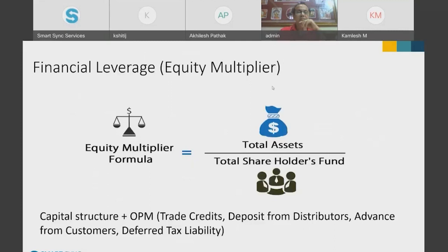Now, what is financial leverage? Financial leverage is probably one of the trickiest levers to understand. Most businessmen by default understand the other two levers, but this is something which both investors and business owners fail to understand generally, and we'll cover examples in the subsequent slide which will make it more clear to you.